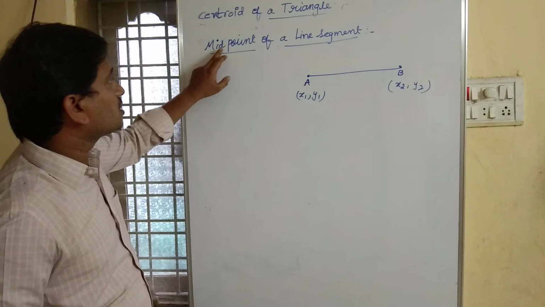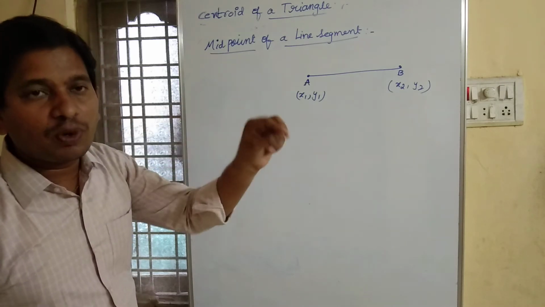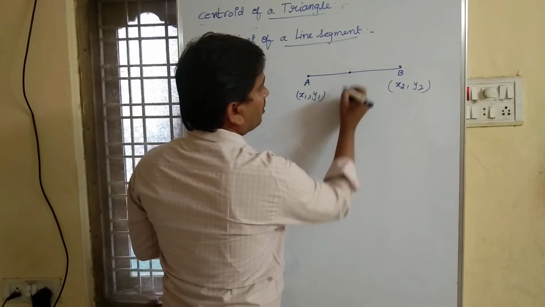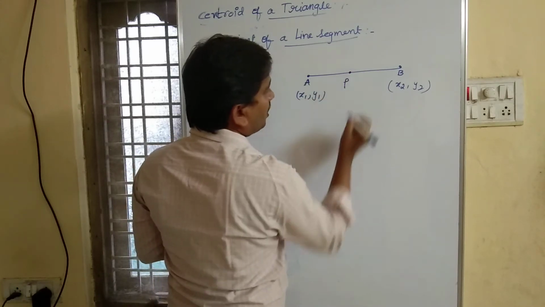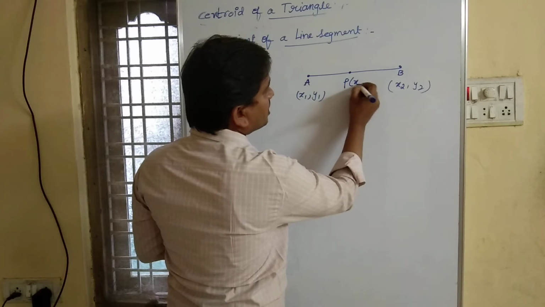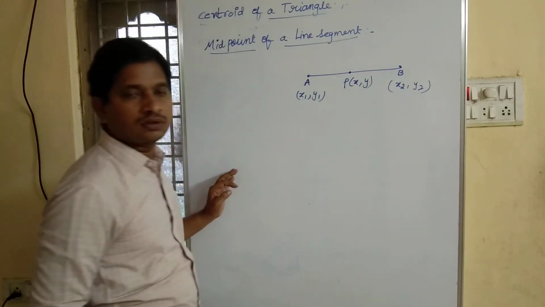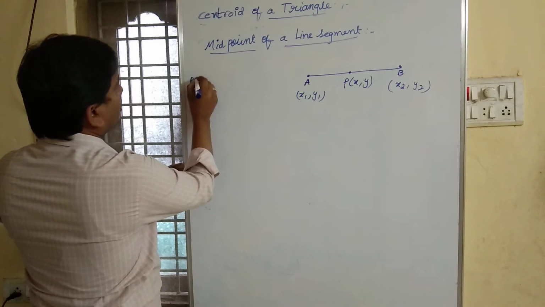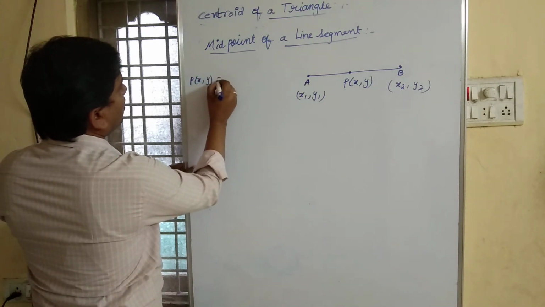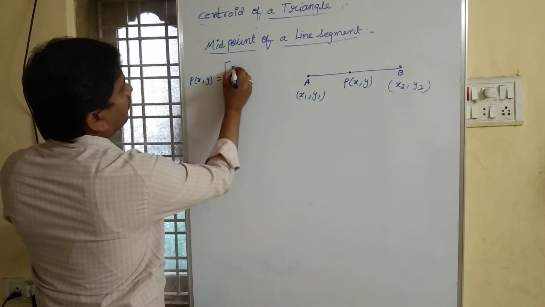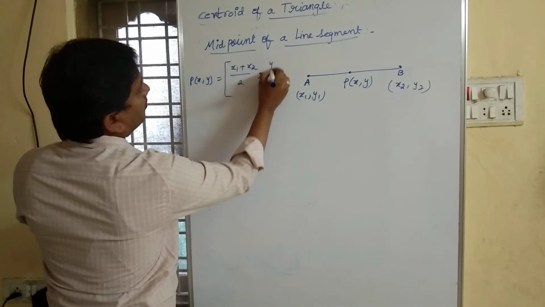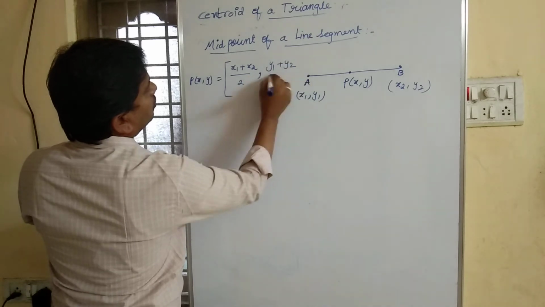Now our concept is how to find the midpoint of a line segment. This is the midpoint P whose coordinates are (x, y). To find the midpoint of line segment AB, P(x, y) equals ((x1 plus x2) by 2, (y1 plus y2) by 2). This is the formula for the midpoint of a line segment.